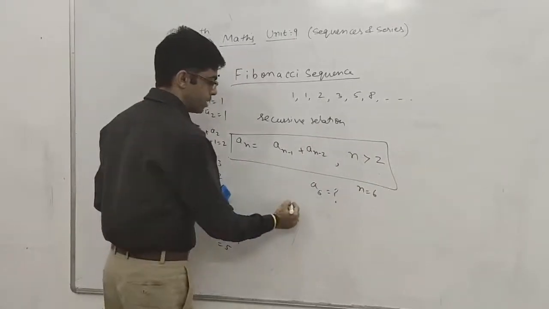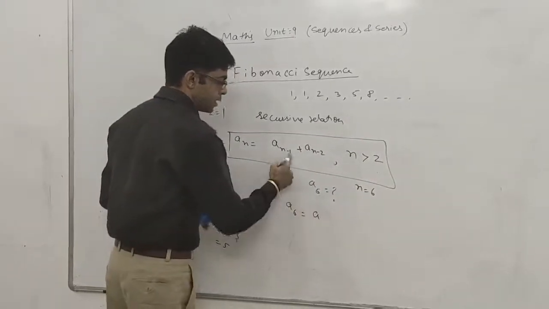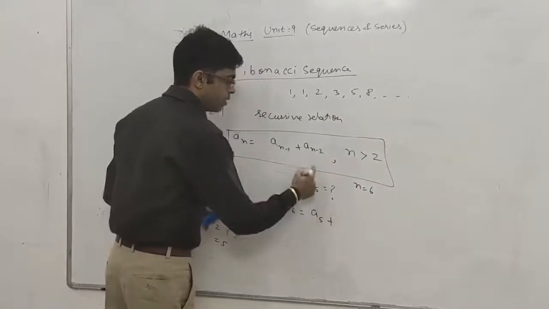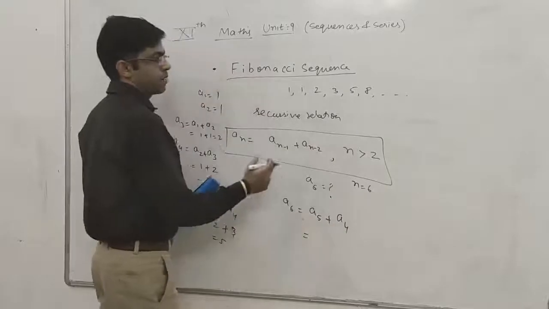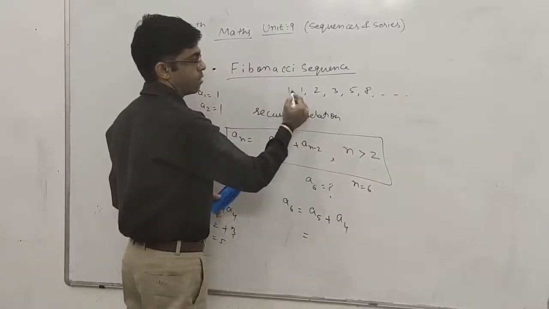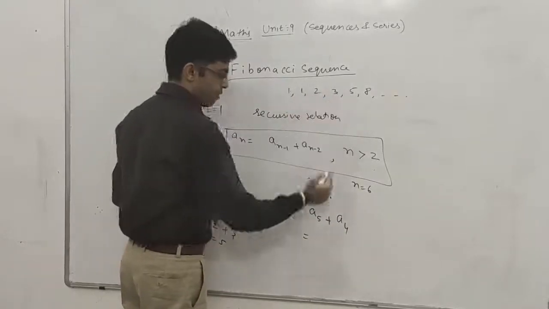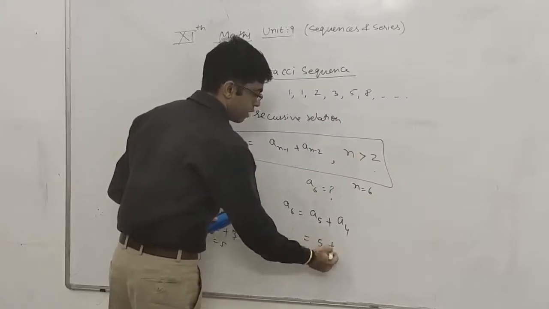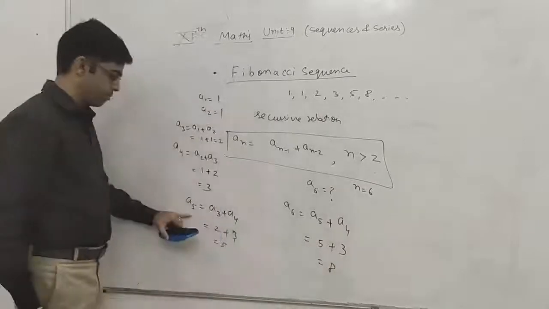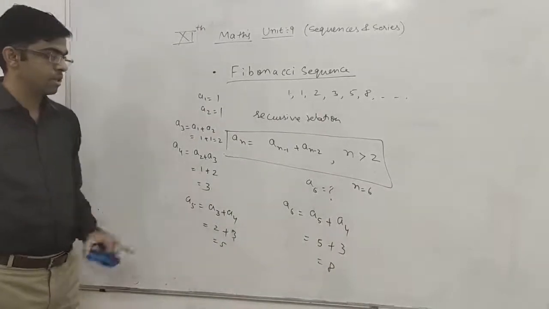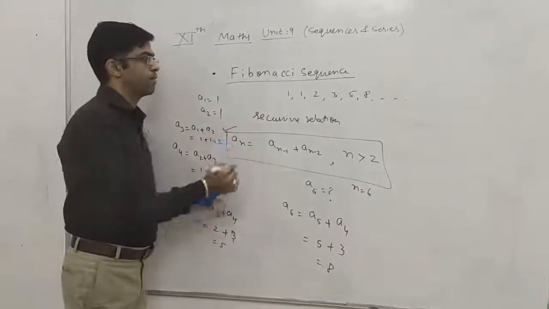So the sixth term is a6, which is a5 plus a4. We add the fifth term and the fourth term. The fifth term is 5 and the fourth term is 3, and this is 8. So using this relation we can find terms easily.